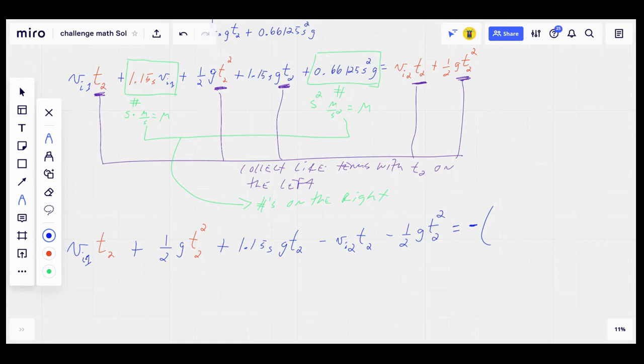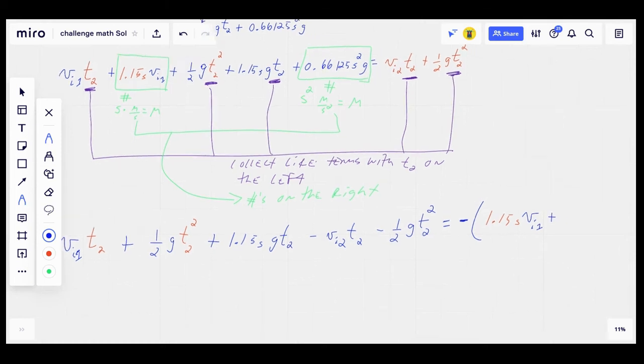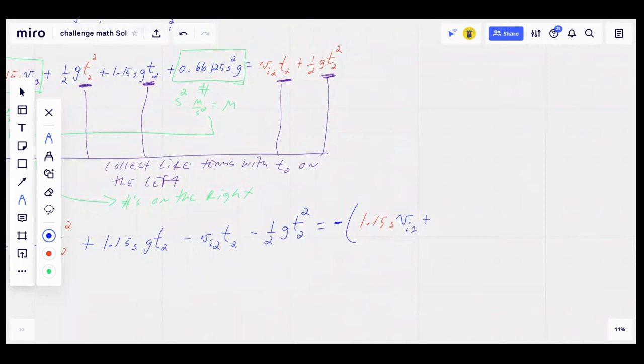So I'm going to write negative parentheses 1.15 seconds V initial 1 plus 0.66125 seconds squared times gravity. Let's make that a little neater. Seconds squared times gravity. Okay.